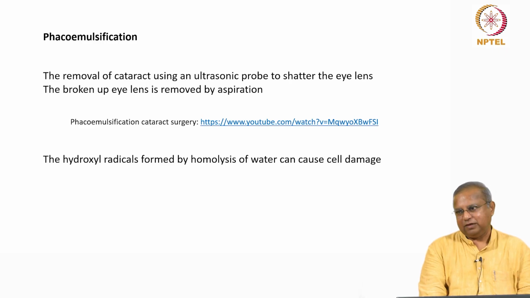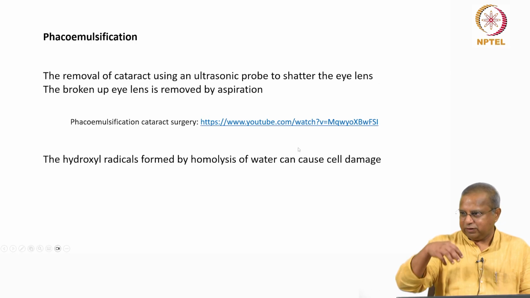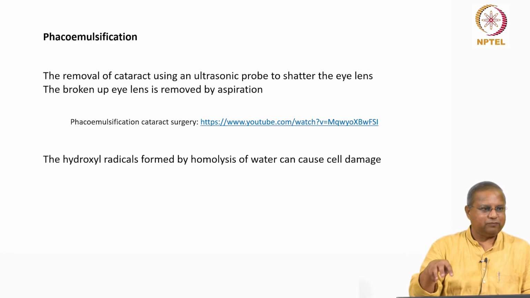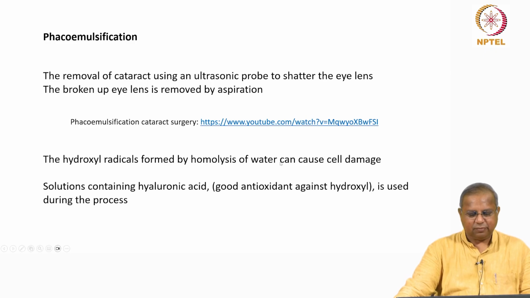They're natural antioxidants, very powerful antioxidants. Therefore, hopefully, when they do it under a cover of this excess hyaluronic acid, the free radicals generated are negated. That's the way they minimize damage. Solutions containing hyaluronic acid, a good antioxidant against hydroxyl, are used during the process.